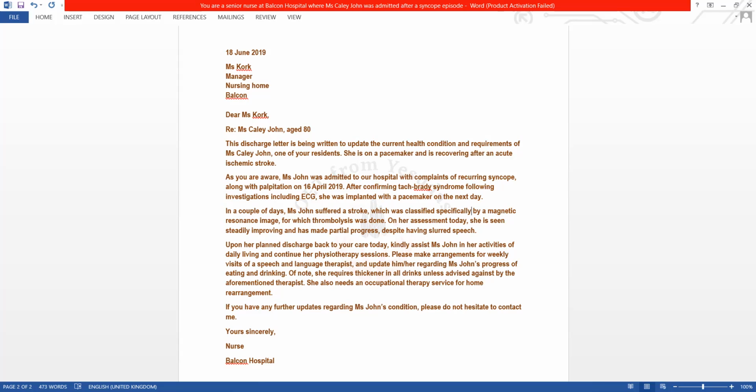On her assessment today, that's on 18 June 2019, she's seen steadily improving and has made partial progress despite having slurred speech. So this paragraph deals with the investigation to confirm the stroke type, the treatment of stroke, that's thrombolysis, and her present condition and difficulties she still has.